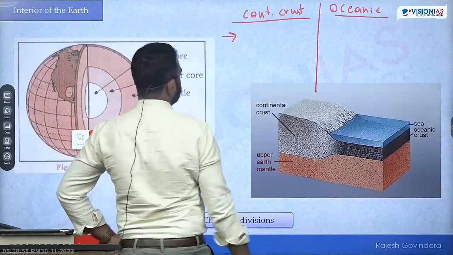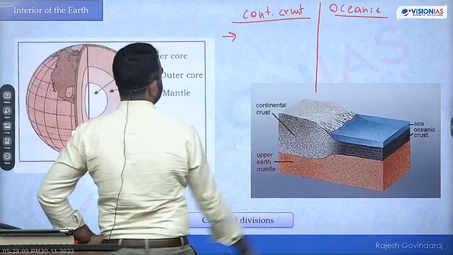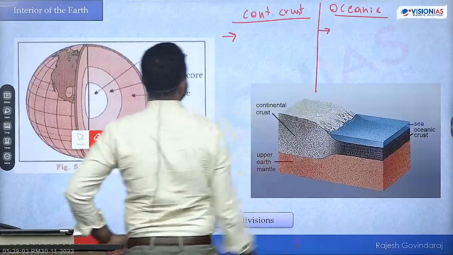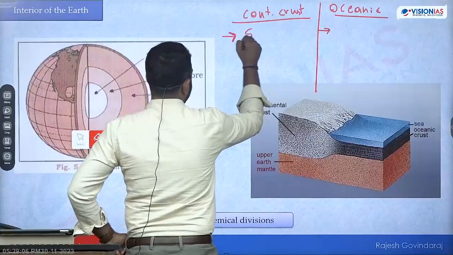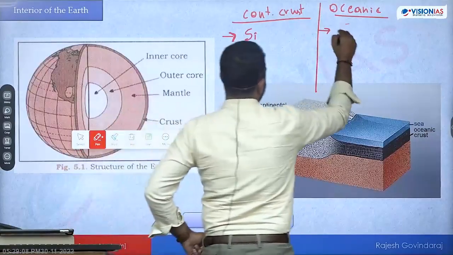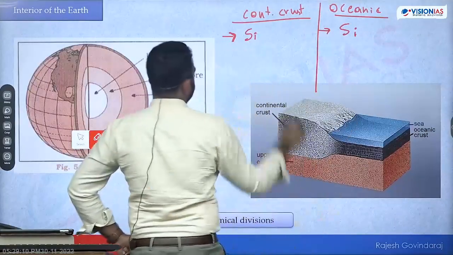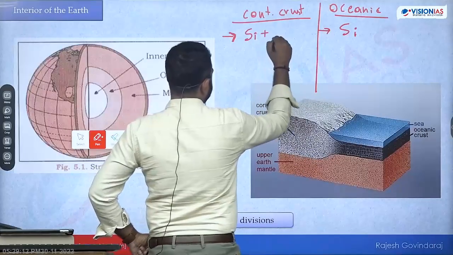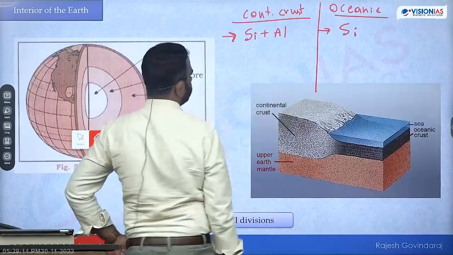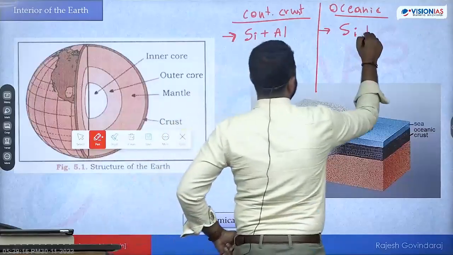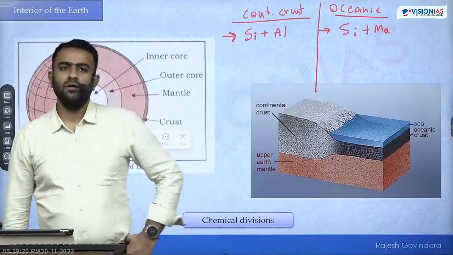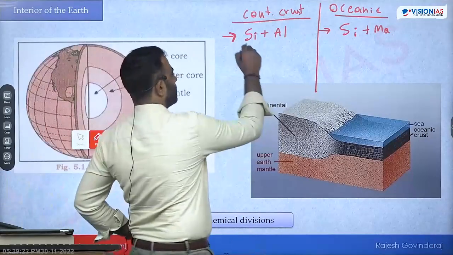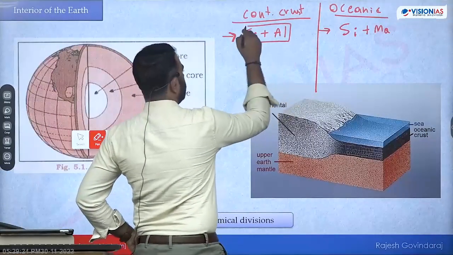The fundamental difference between continental crust and oceanic crust is the material. In both the cases we have silica, which is common, that is why it is lighter. But in addition to silica, in case of continental crust, we will see the domination of aluminium. Here we will see the domination of magnesium. That is why the continental crust is called Sial layer.